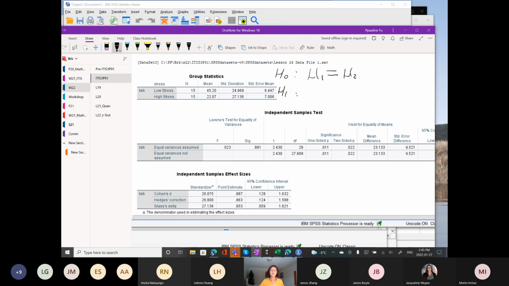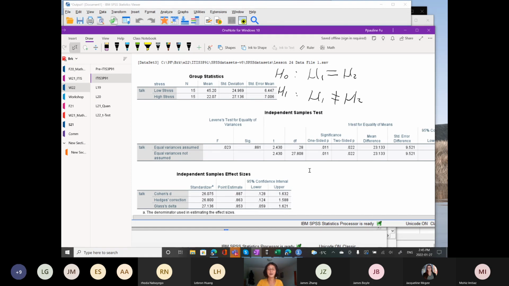So the mean score for low stress level students is the same as the mean score for high stress level students. That is the null hypothesis. Alternative hypothesis, those two means are different.